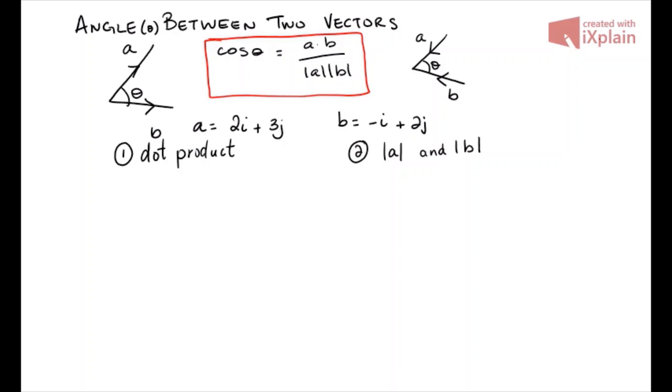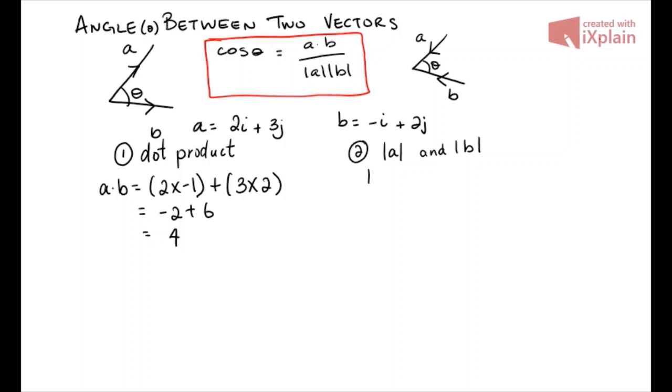Remember, the dot product is when you take the x's and multiply them, add the product of the y's. So a dot b will be 2 times -1, because it's 2i, -1i, plus 3 times 2. So that now gives us -2 plus 6, which gives us 4. So that's a dot b.